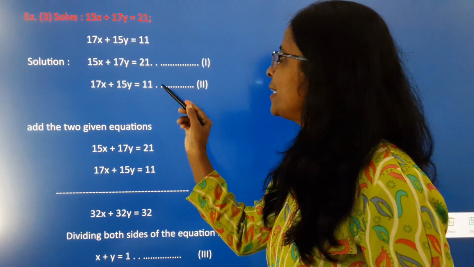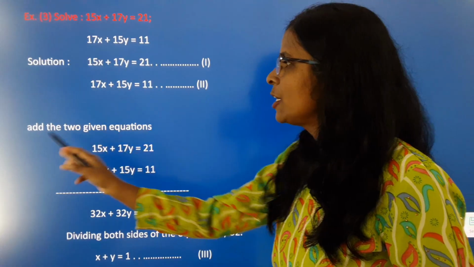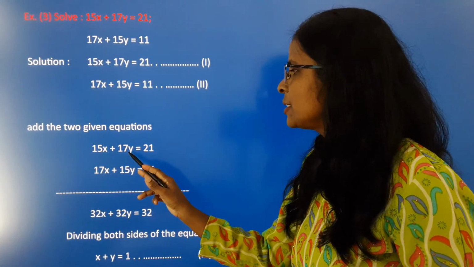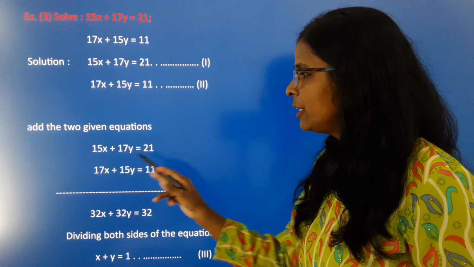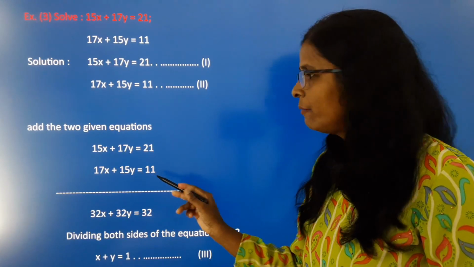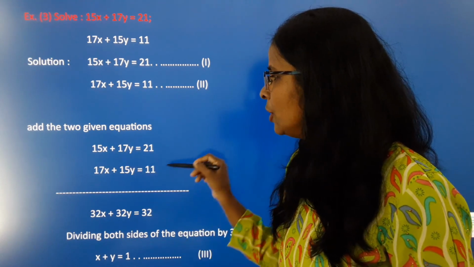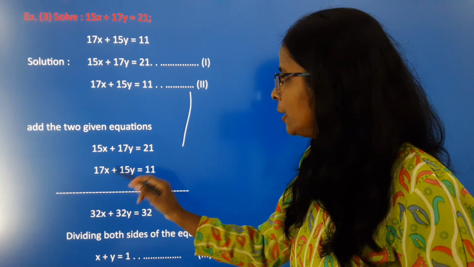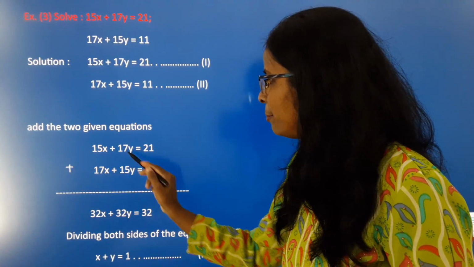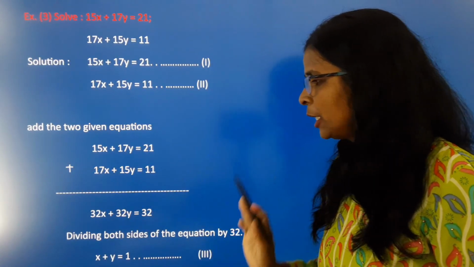So now call them the first and second equations. First, the process is to add the two given equations. 15x plus 17y is equal to 21, plus 17x plus 15y is equal to 11. After adding we have 32x plus 32y is equal to 32.